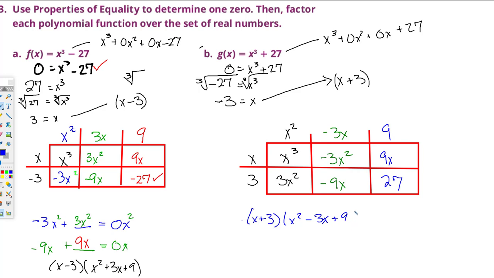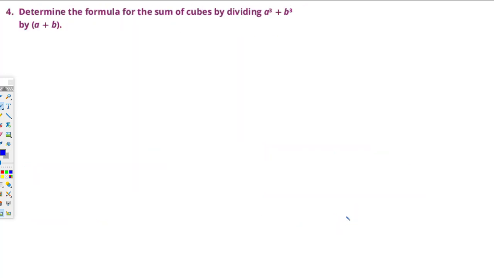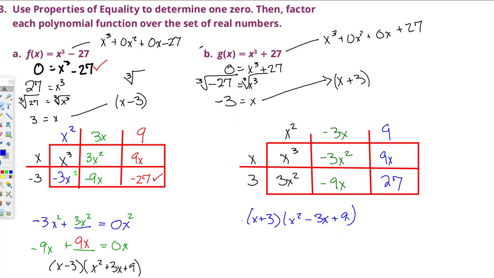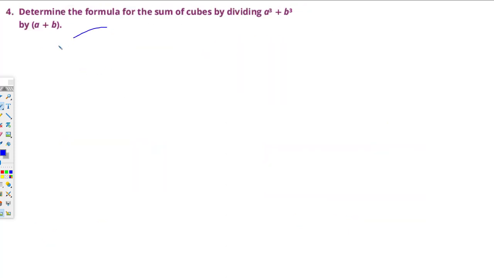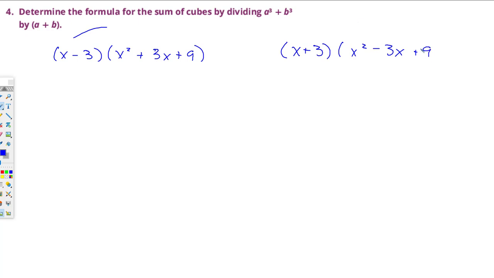So we're actually going to look at the three that we just did and see if we can find any patterns. There are some patterns here. So we had x minus 3 times x squared plus 3x plus 9. We had x plus 3 times x squared minus 3x plus 9.